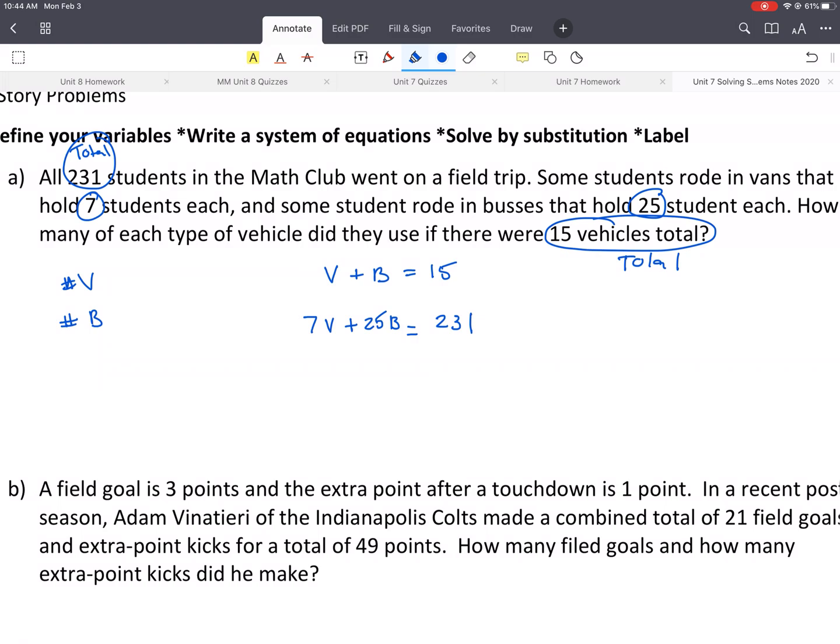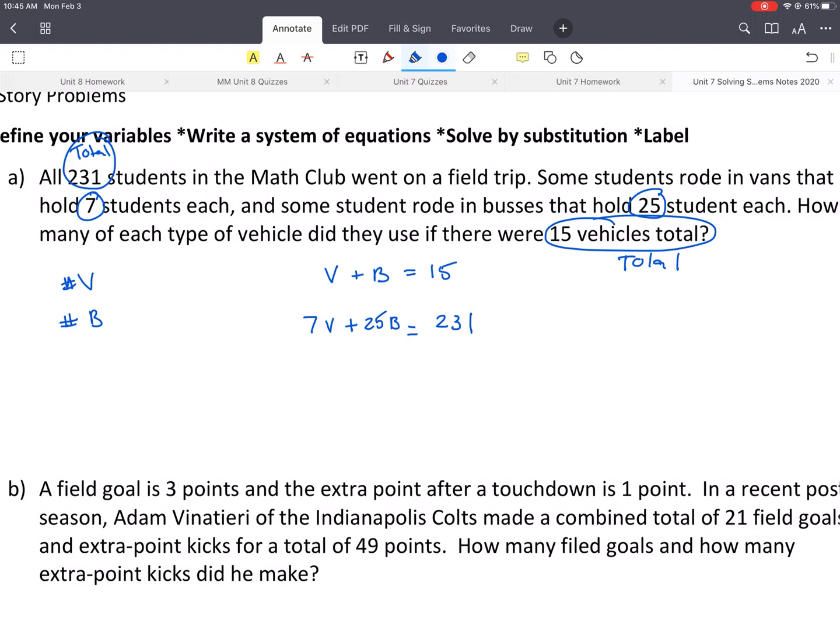So again, it's very similar. We're going to have both of our variables in both equations. We'll always have these totals. Usually they will give you those totals, and then we just need to plug in the other information for our equation. Okay, and make sure you pay attention to units, it will help a lot if you think about units.